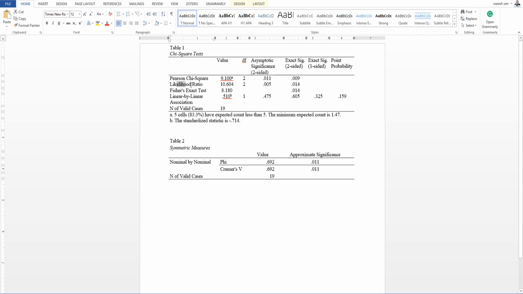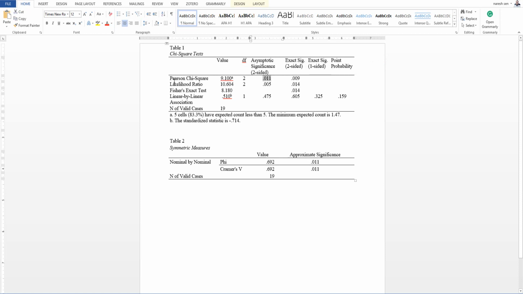The likelihood ratio and linear by linear association are seldom reported in ChiSquare. So the main one that we report is the Pearson ChiSquare, where the chi value is 9.1, the degree of freedom is 2, and this is the figure that we report as a p-value.